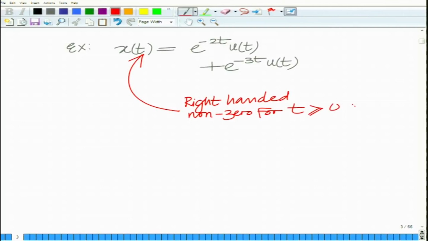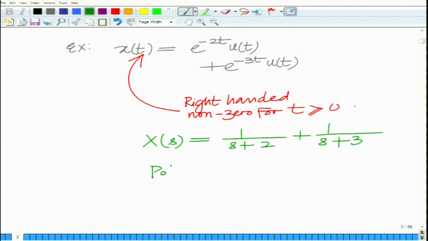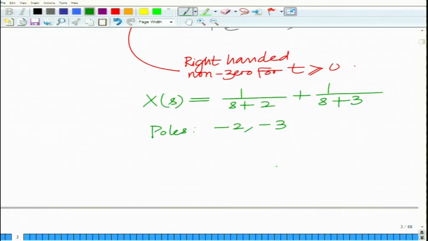If you look at the Laplace transform, X(s) equals 1 over s plus 2, plus 1 over s plus 3. The poles are s equals minus 2 and s equals minus 3.